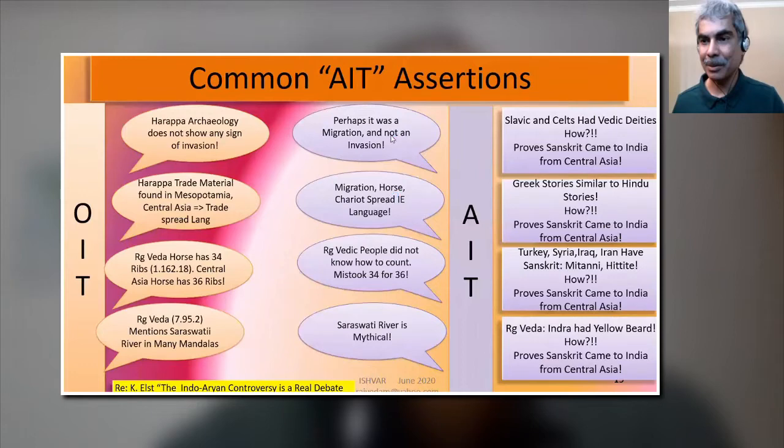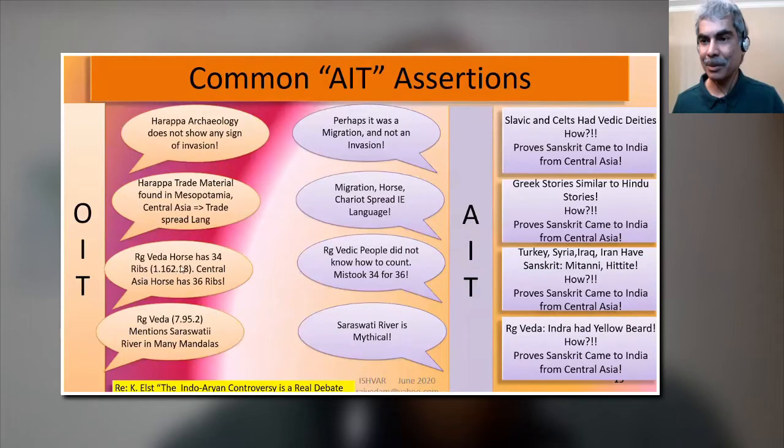AIT says maybe it's not an invasion, it's a migration. OIT says Harappa trade material has been found in Mesopotamia, Central Asia, and Oman, and it implies that it was trading that spread languages rather than language coming from outside. AIT says no, migration was because of horse and chariot, and those are the things that spread the Indo-European language.